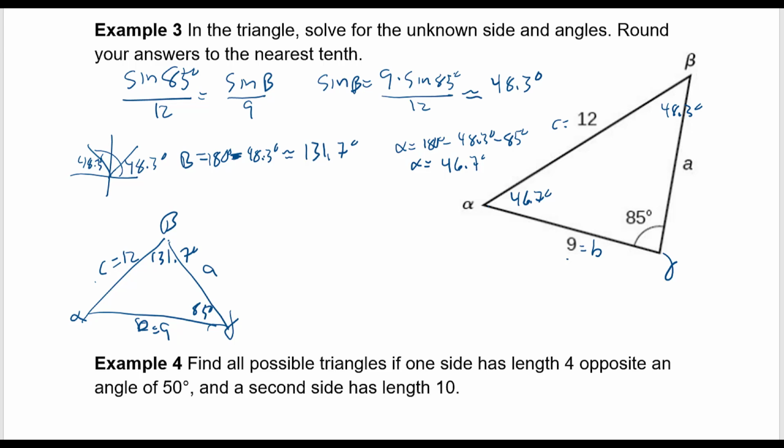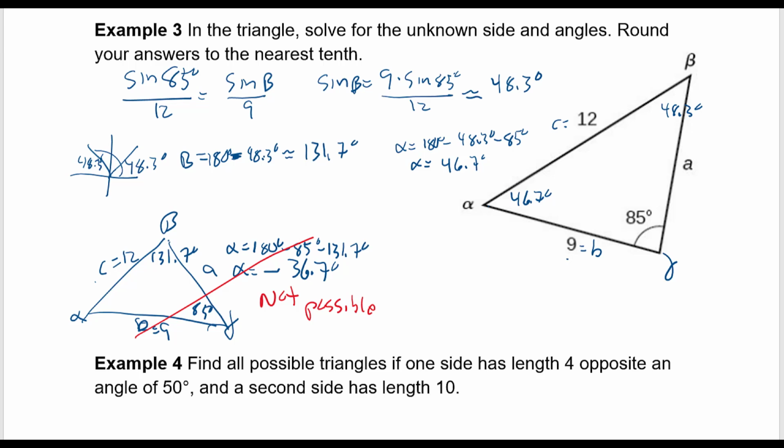And in the other case, our alpha is going to be 180 minus 85 degrees minus 131.7 degrees. So alpha is going to be what in that case? Well, I get a negative 36.7 degrees. Is that possible to have a negative one? Not possible. So we can say that's not going to happen. Okay, that saved us a little bit of work.